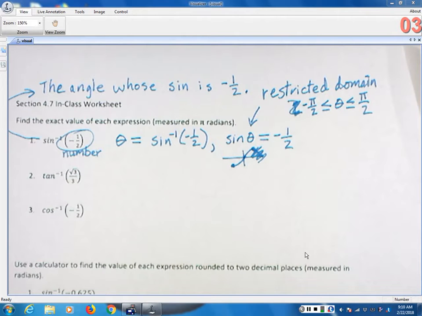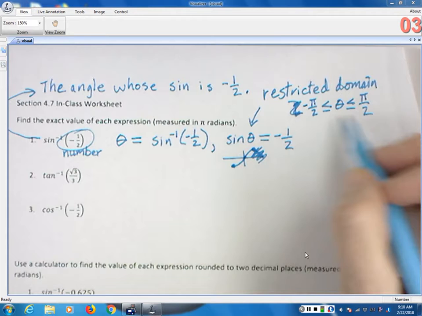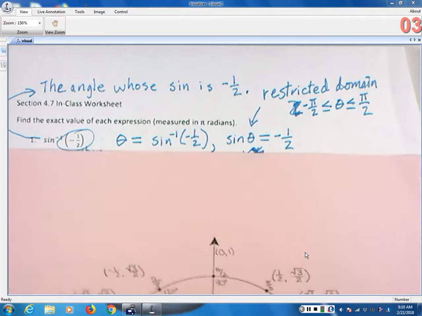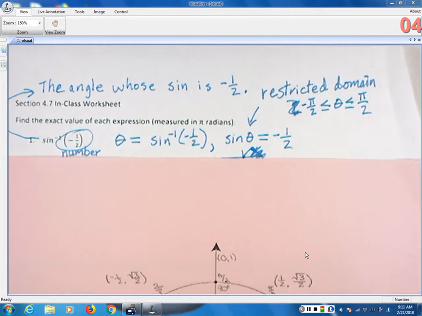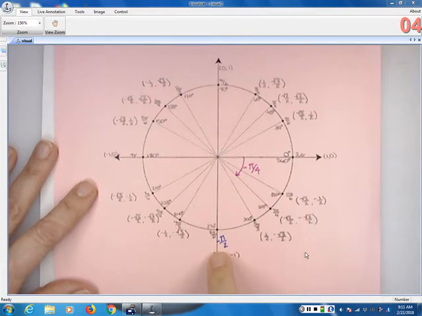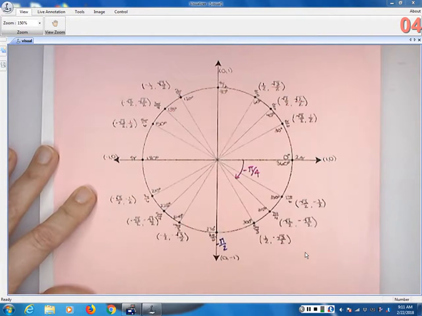So we have to pick theta so it's between -pi/2 and pi/2. So we look at our unit circle between -pi/2 and pi/2, and you do need to know that this is -pi/2, and this is pi/2, and sine is -1/2.